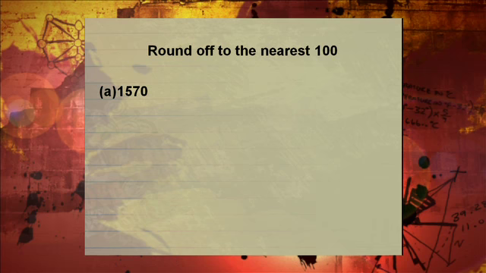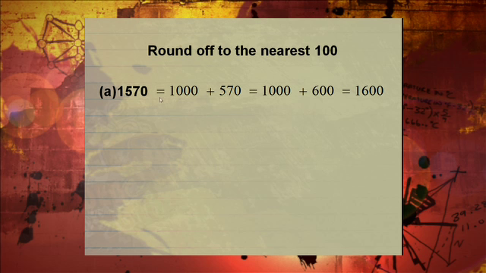Guys, look, I'm increasing my 10. I go to 100. Now, you need to be careful when you split that number into 2 numbers. Look at this. 1570 to the nearest 100. I take the whole thing 1000 because I need 100. This is the 100th unit.